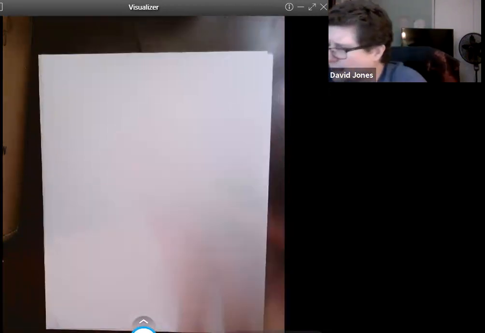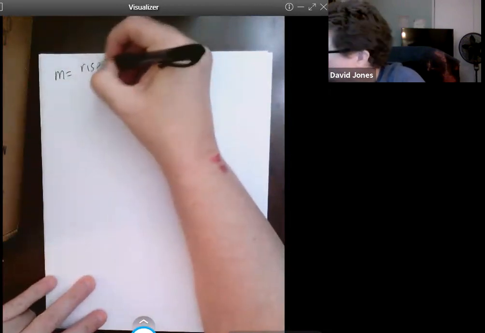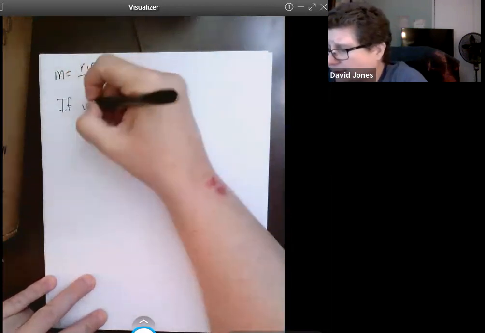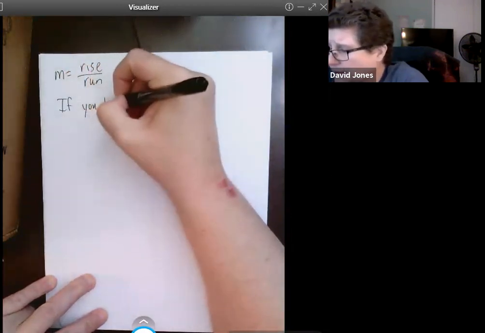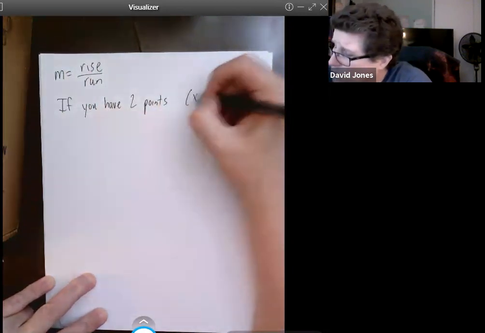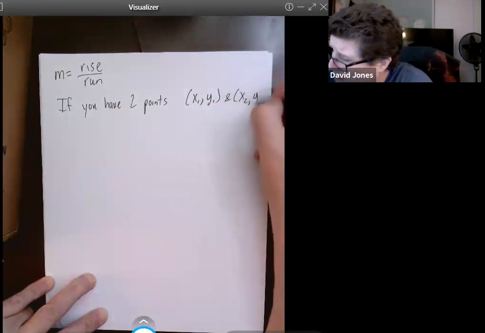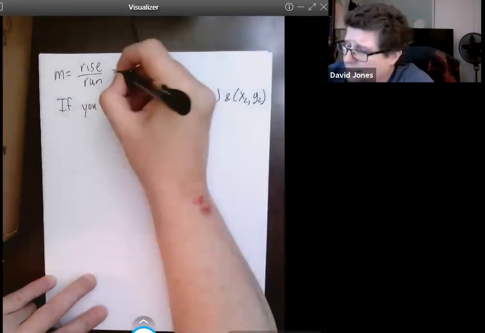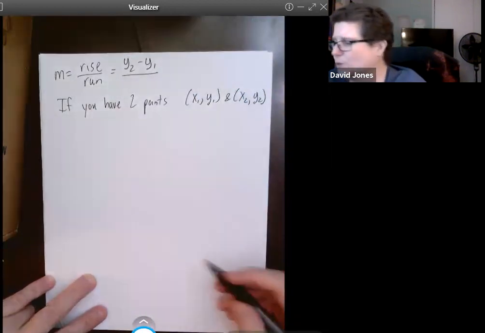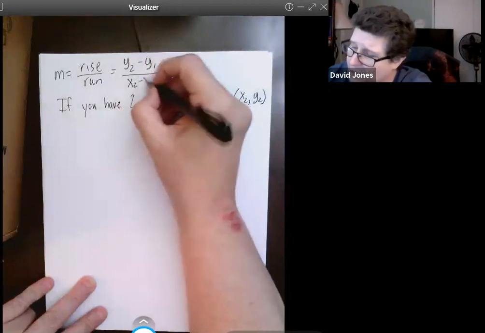So I said m is slope, rise over run. If you have 2 points, (x1, y1) and (x2, y2), we can say the rise is the difference between the 2 points, y2 minus y1, over the difference in the x points, x2 minus x1.